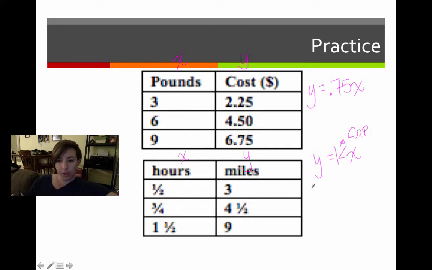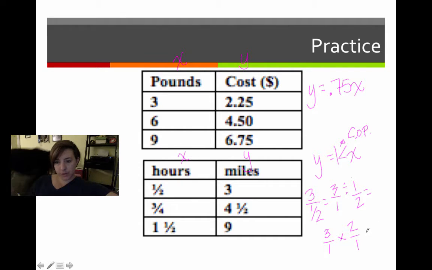So I could do 3 divided by 1/2, which is 3 over 1 divided by 1 over 2, which is 3 over 1 times 2 over 1, because you keep, switch, flip, which is 6 over 1, which means that my constant of proportionality here is 6. So my equation for this one is going to be y equals 6x.